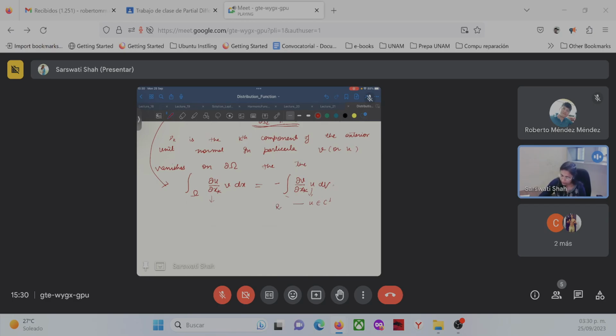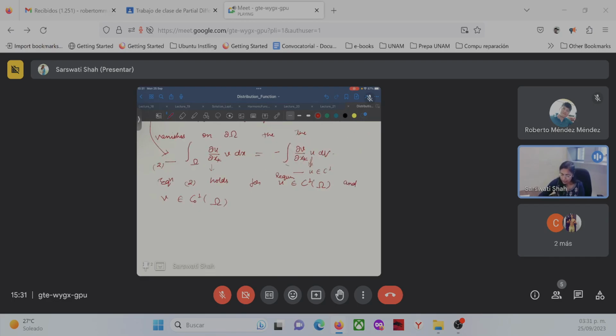It is not required because the derivative disappears. So this equation, say it is equation number two. Equation two holds for u belonging to C1 omega and v belonging to C0^1 omega.